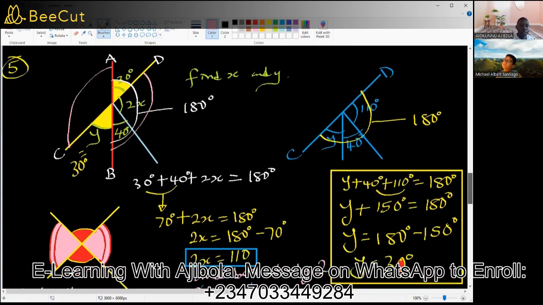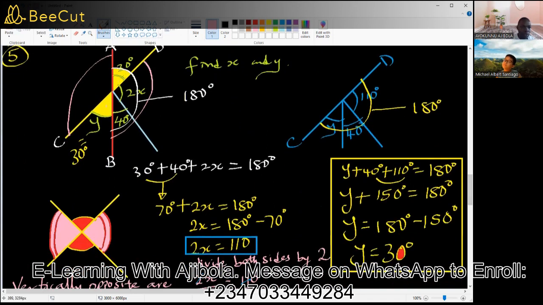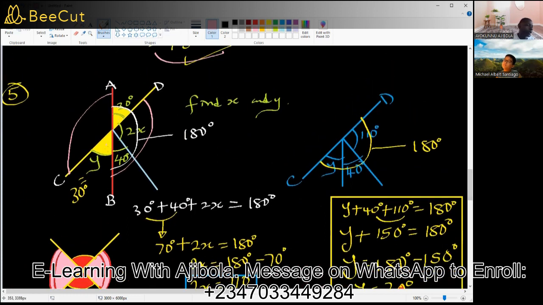Then this one looks a little bit complex, but we've been able to see that there are several straight lines or two straight lines meeting at a point, which is CD and AB. So we firstly dealt with AB, which is 30, 2x, and 40 degrees. So we add them together to get 180, okay? Okay. Fine.